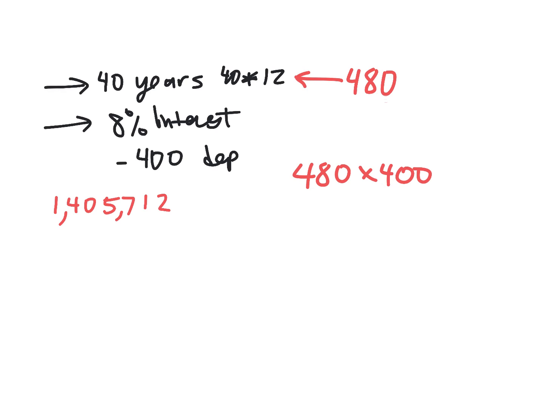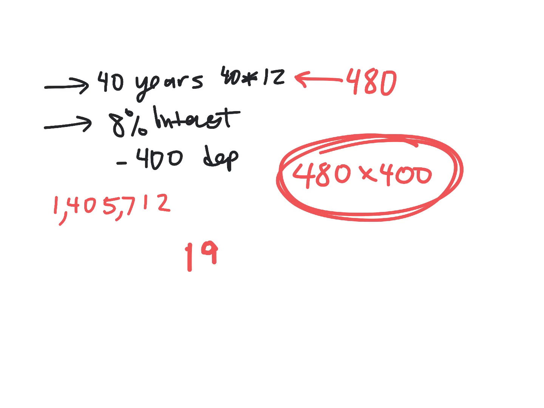Over those 40 years, you actually put in... Olivia, what'd you get? 400 times 480. I'll come back to you. Let's go with Sage. What'd you get for how much you put in? Thank you.